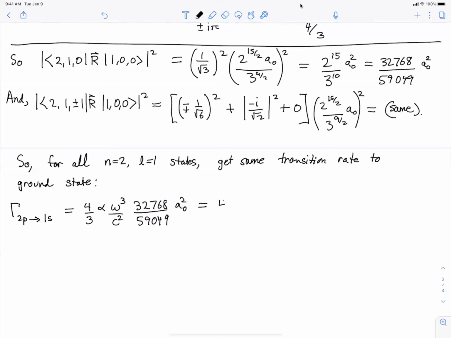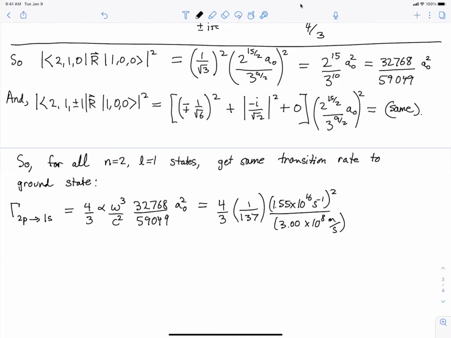Just have to put in all the numbers. The fine structure constant is 1 over 137. We worked out what omega was, so it's this. And then the speed of light is 3.00 times 10 to the 8 meters per second squared.